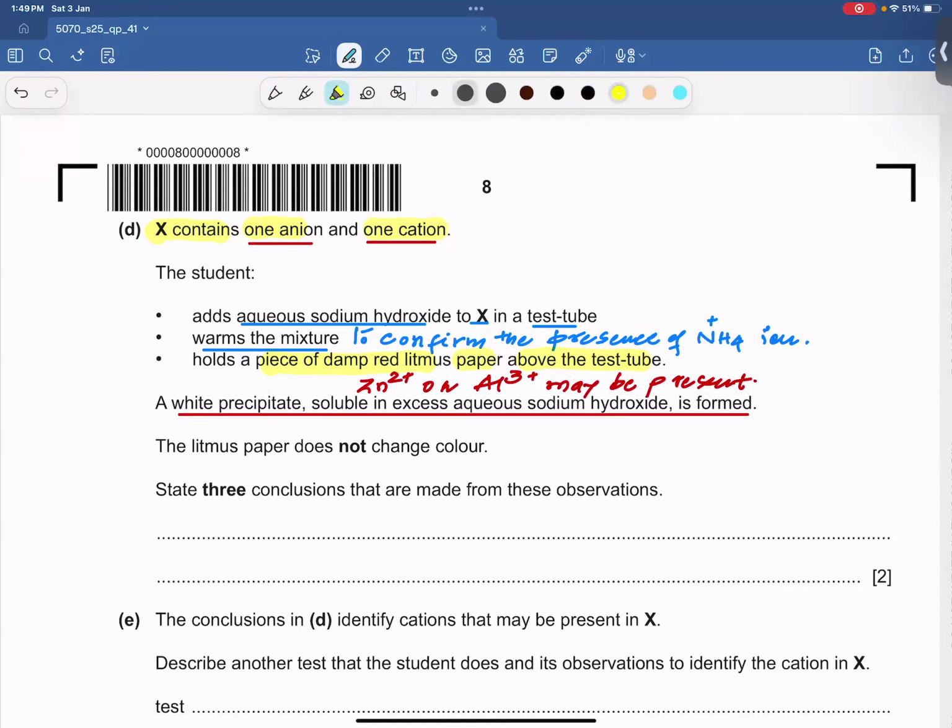Okay. Then the litmus paper does not change color, which means ammonia gas is not given off, and no ammonia gas is released, and this shows no ammonium ions.